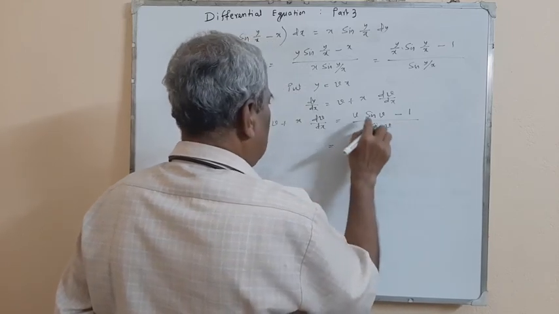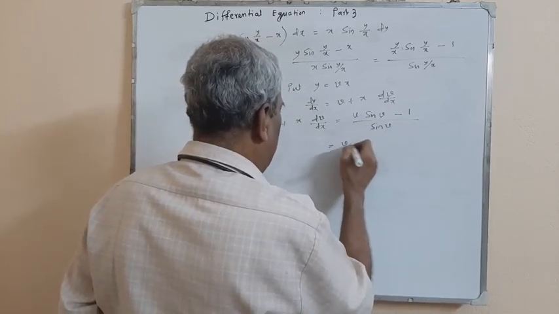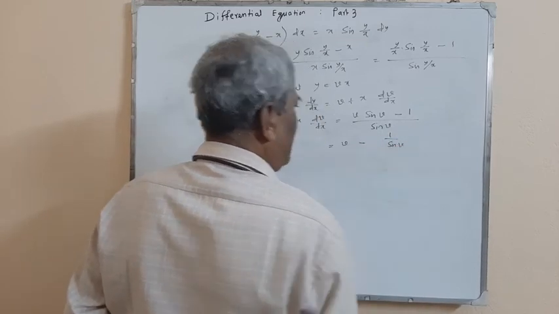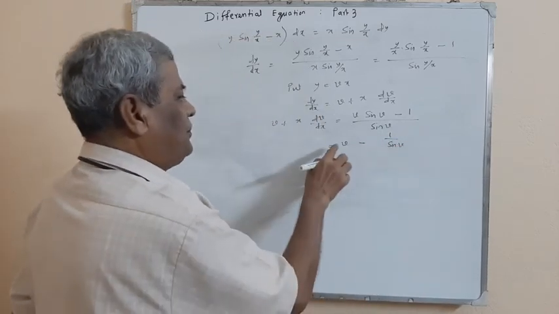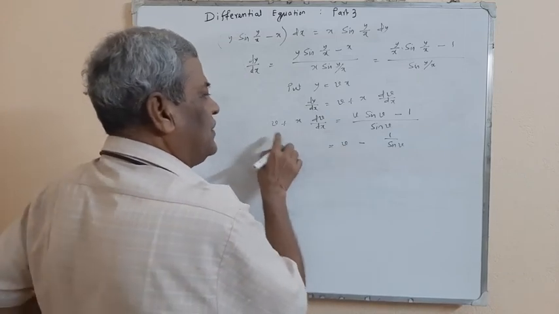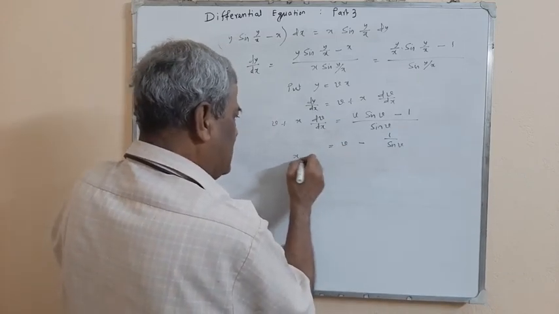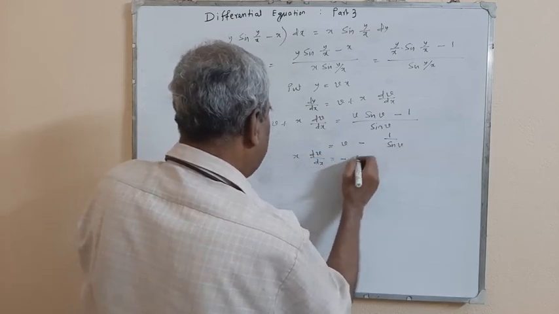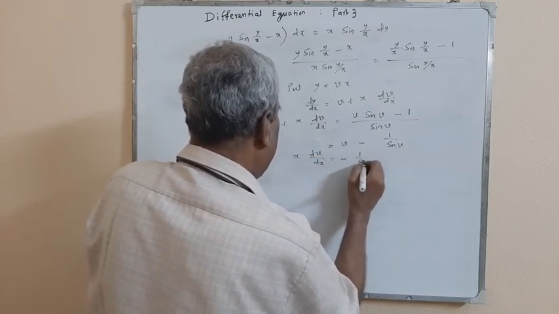It is equal to v minus 1 upon sine v. So v will be cancelled. So we get x dv by dx is equal to minus 1 by sine v.